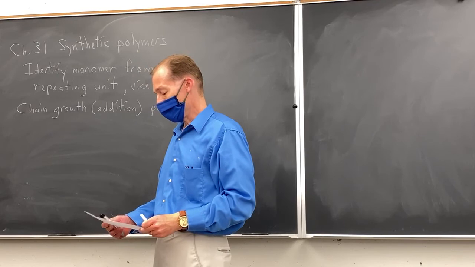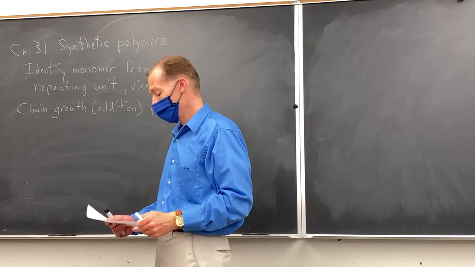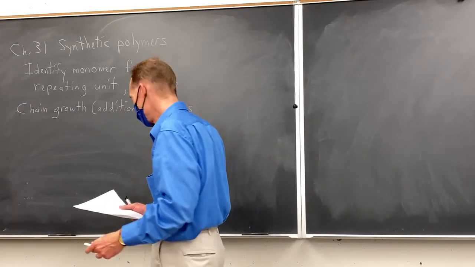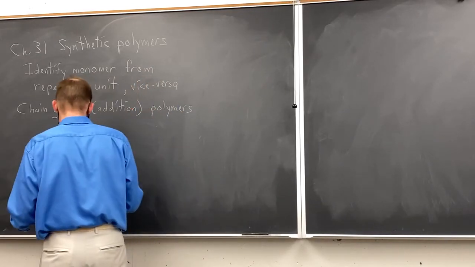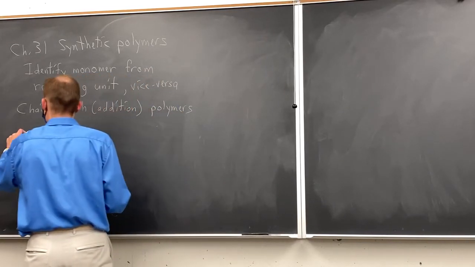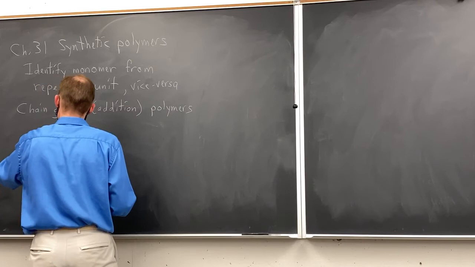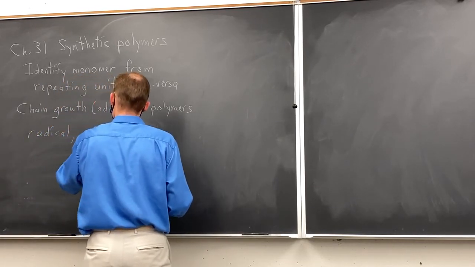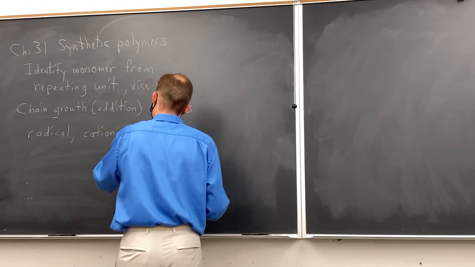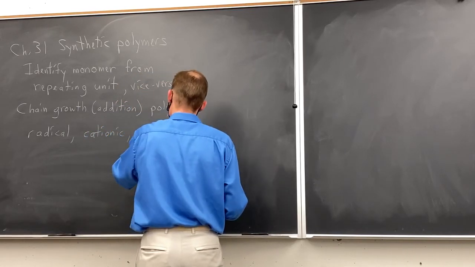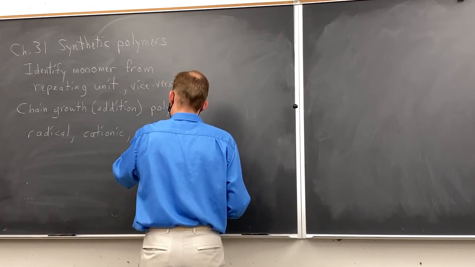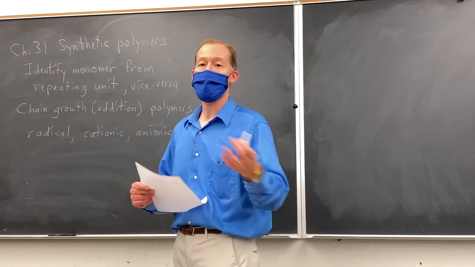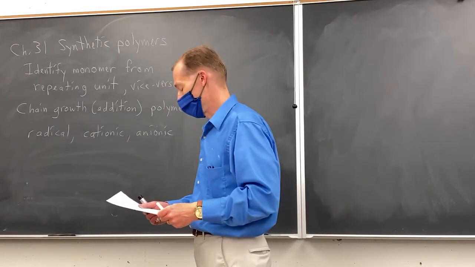And there are three types of chain reaction mechanisms that can be used to generate these chain growth polymers. We have our radical polymerization, our cationic polymerization, and our anionic polymerization. So you should be able to draw mechanisms for each of these processes.